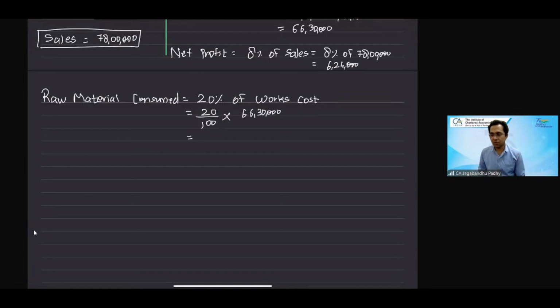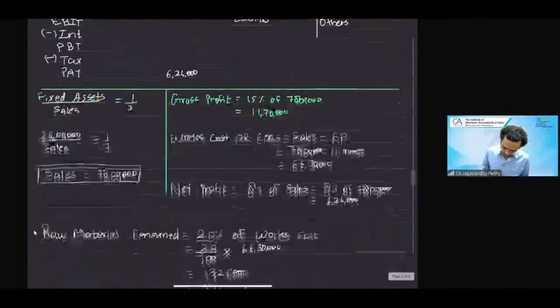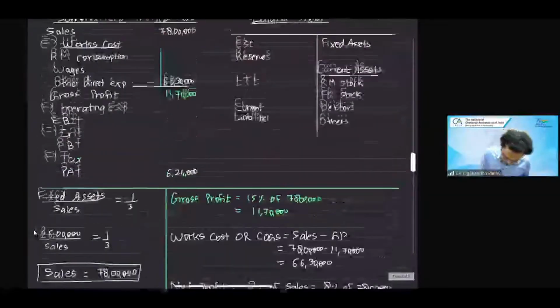That works out to 13 lakh 26,000. So we got the raw material consumption as 13 lakh 26,000.